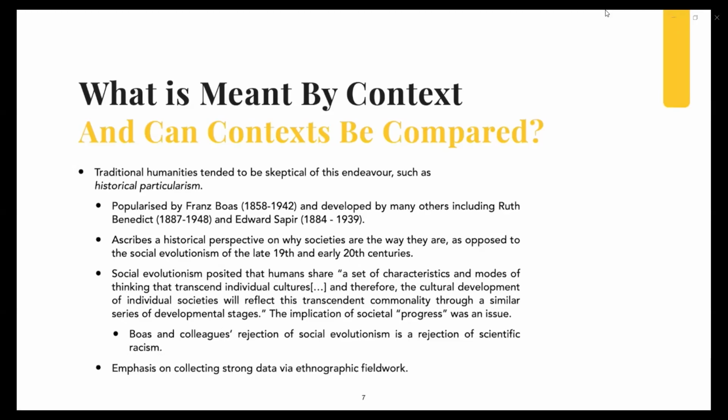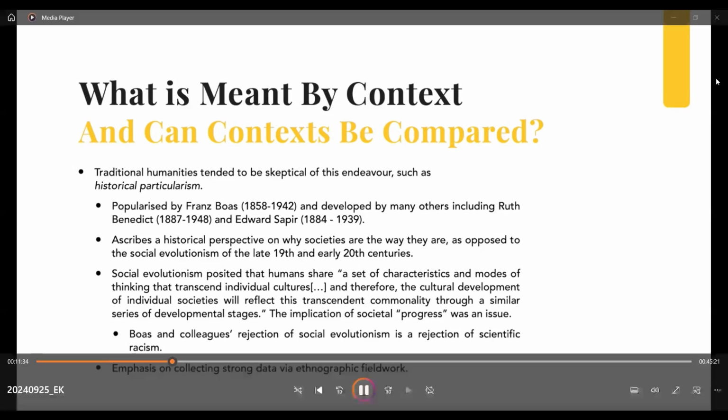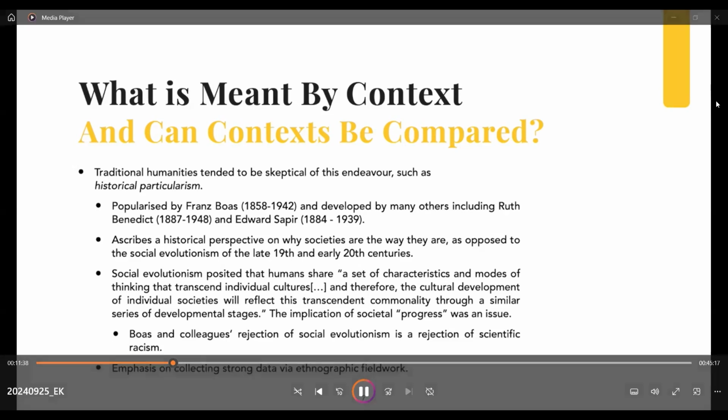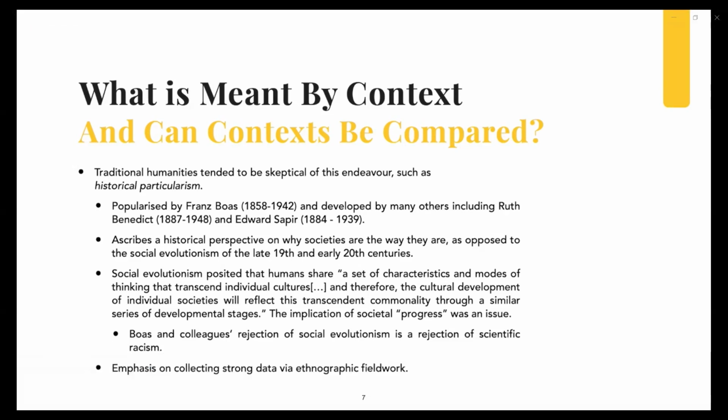But this doesn't necessarily mean that there's going to have to be a linear progression from, air quotes, primitive through to developed. So what Boas and other historical particularists would say is, no, before we can say any of this, we actually need to do the ethnographic work to see whether this hypothesis of linear progression bears out.